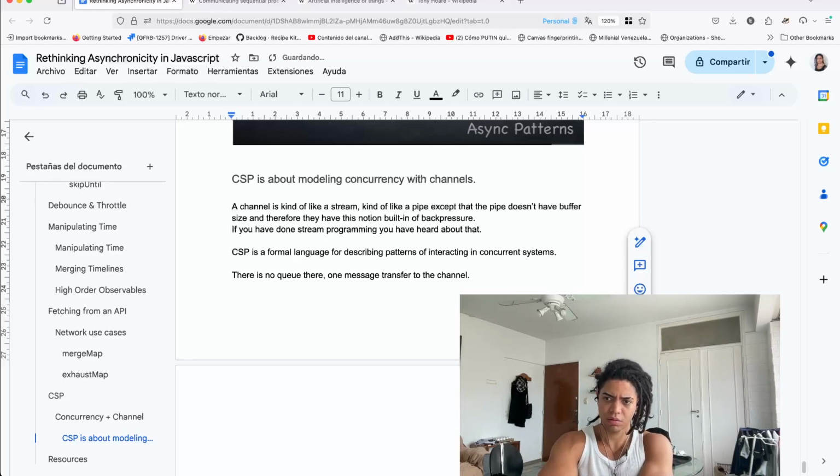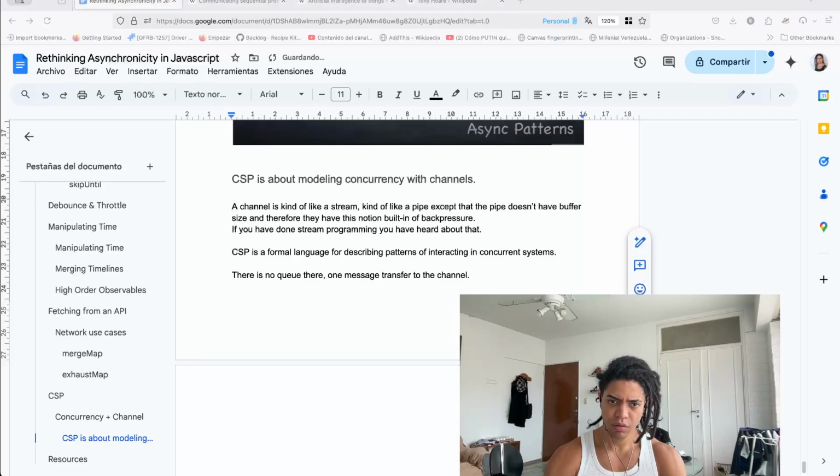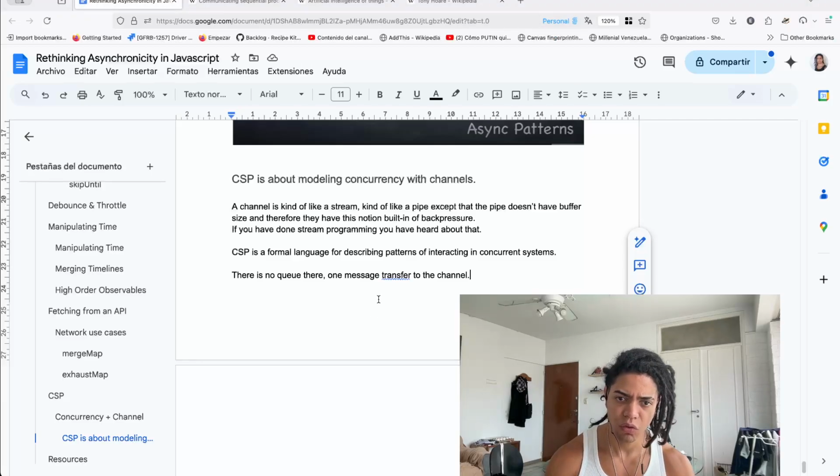Now, CSP stands for Communicating Sequential Processes.